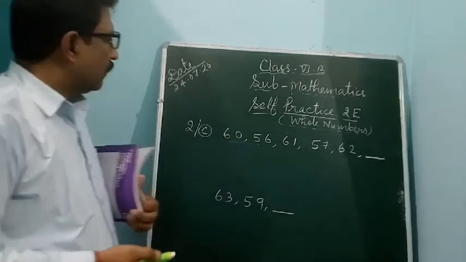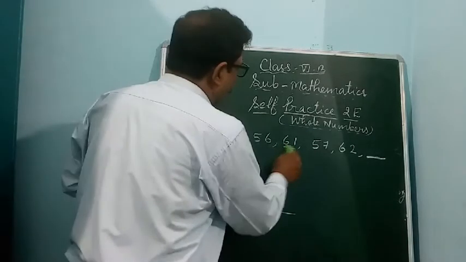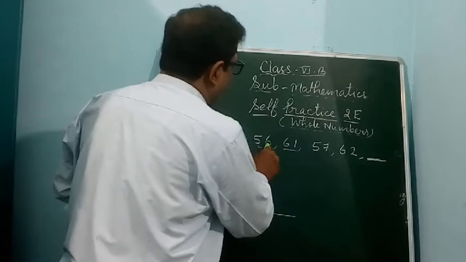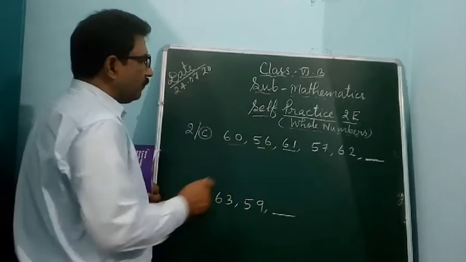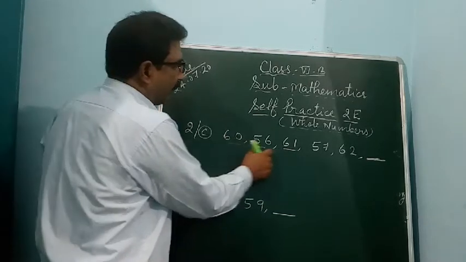Again 56 and 61: the difference between 61 and 56 is 5. So the pattern is decreased by 4 and increased by 5.